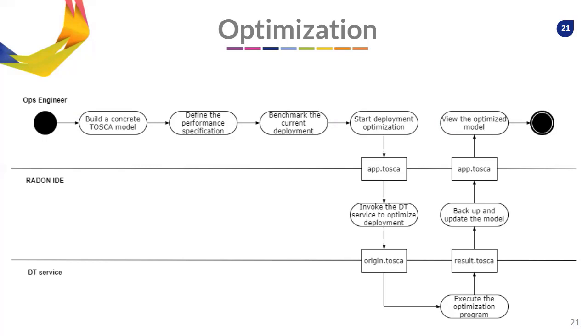The decomposition tool plugin inside the RADON IDE will upload the service template to the public service and execute the optimization program. After the optimization procedure completes, the service template will be backed up and updated for the user to view the optimization solution.